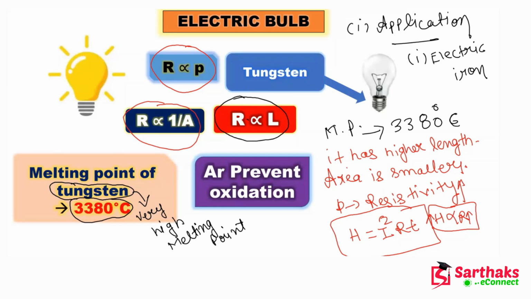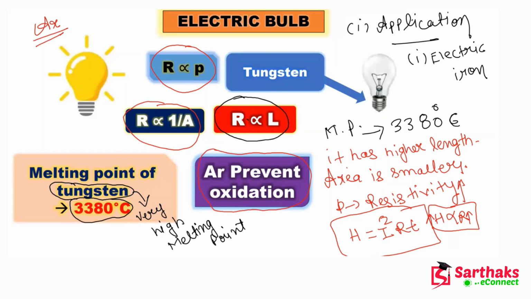Now let's move on to the next slide, and before moving ahead, let me tell you one other point: in a bulb, we actually fill the bulb with argon. Now, you might ask why we fill only argon, because there are lots of gases. Why can't we fill those gases?